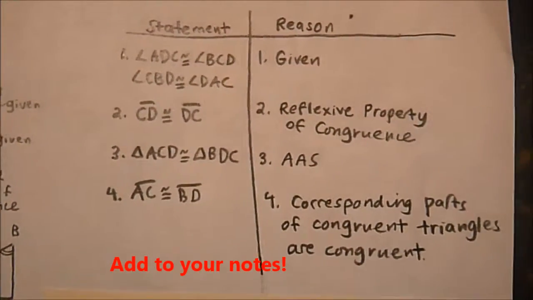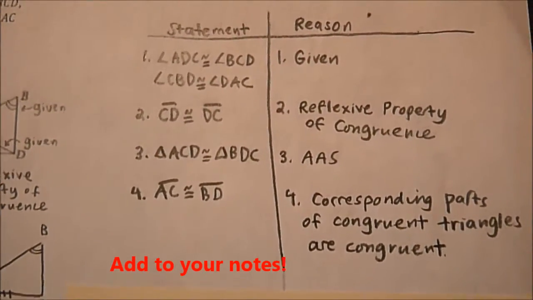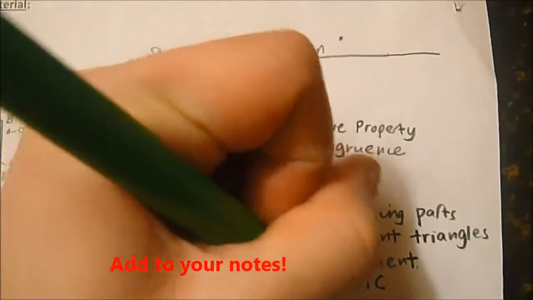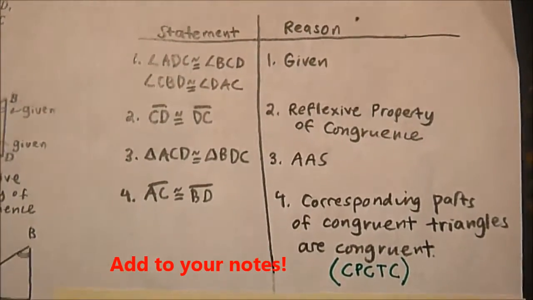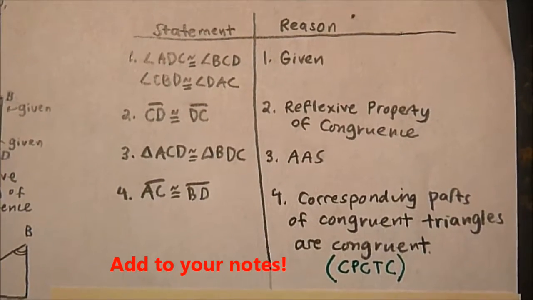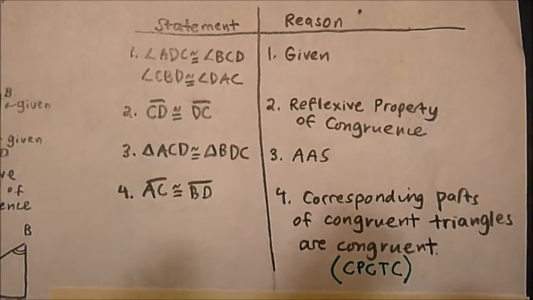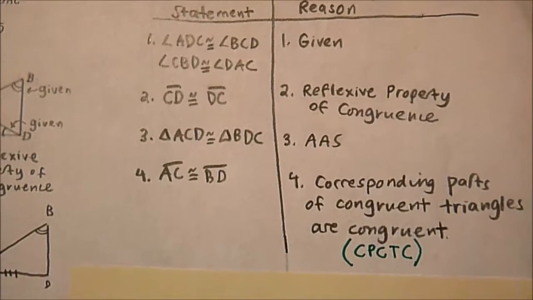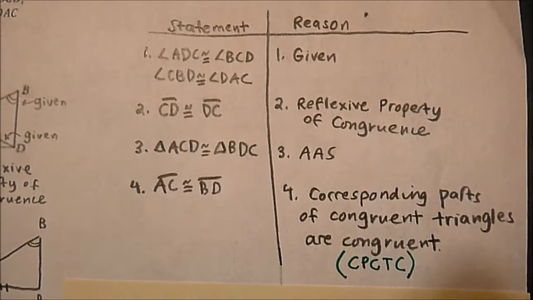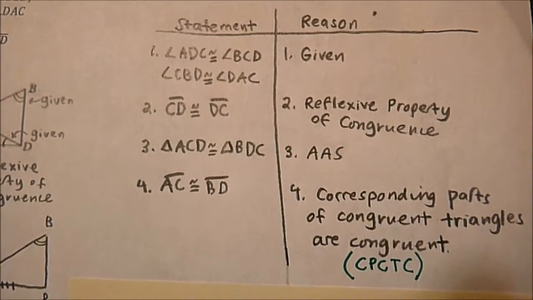And you can write that out either as a complete statement, as I have, or you can also just write CPCTC. Just like the congruence postulates are allowed to be abbreviated, you can also abbreviate CPCTC, and that is understood to mean corresponding parts of congruent triangles are congruent. So here is your complete proof for the first question. Please make sure to make your notes match this exemplar if you do not have the exemplar already written.